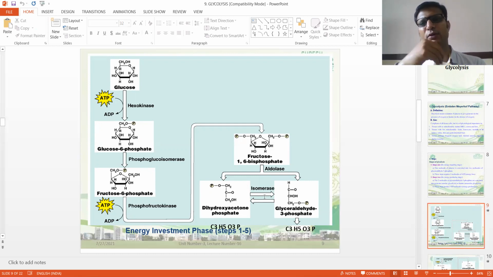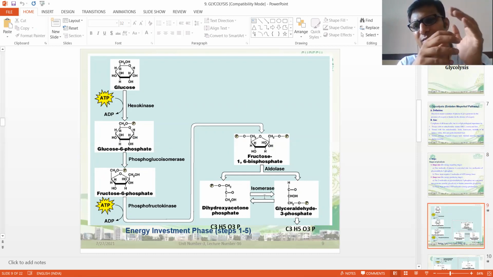to simpler molecules. The scientific reason behind the energy investment is that glucose is a 6-carbon biomolecule, so we need to break it down. If we want to break something, we need to put in energy. Suppose we have a huge stone, we need to put in a lot of energy when we are hammering on it to break it down.